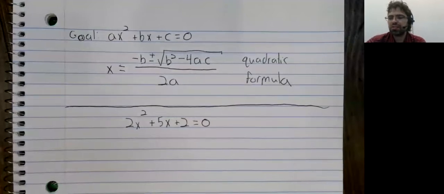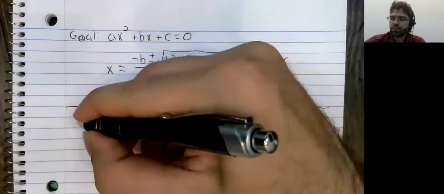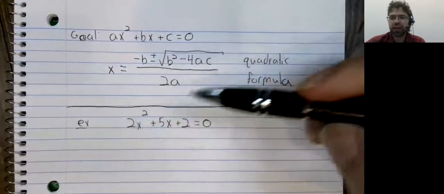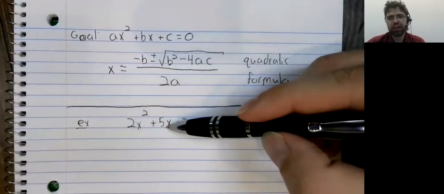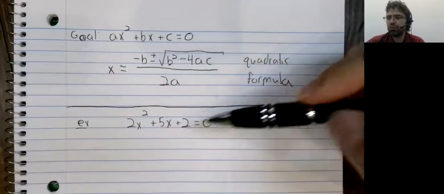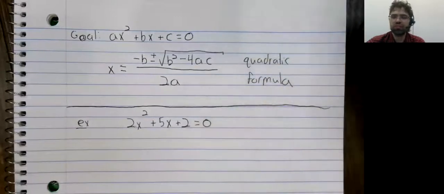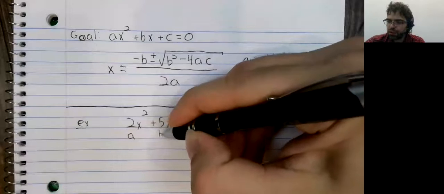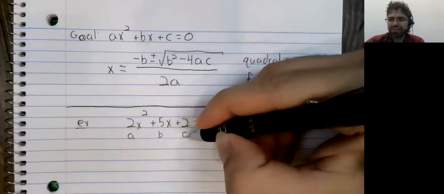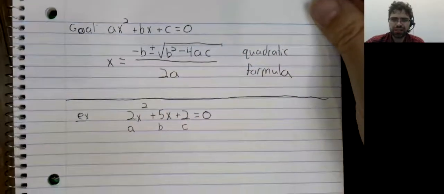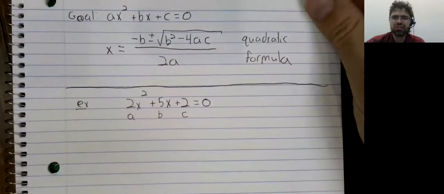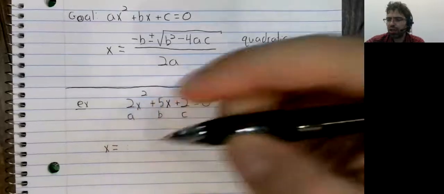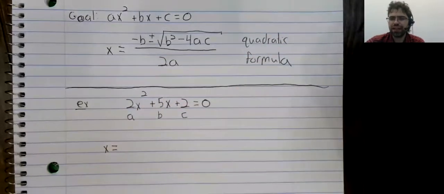So let's say we want to solve 2x squared plus 5x plus 2 equals 0. Well, there's not a lot to really say about this. In a sense, it's extremely plug and play.